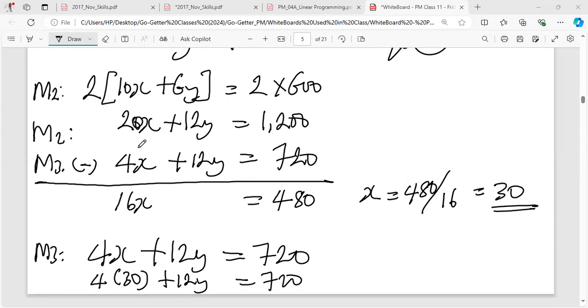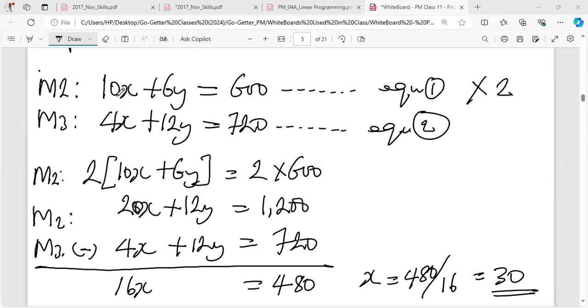And we said we can take any of the equations, either M2 or M3, to look for y. Both of them will give you the same thing. And we decided to take M3 because we didn't touch it. If we want to take M2, we can take the original M2 to give us the same thing. If we take the new M2, it will still give us the same thing.